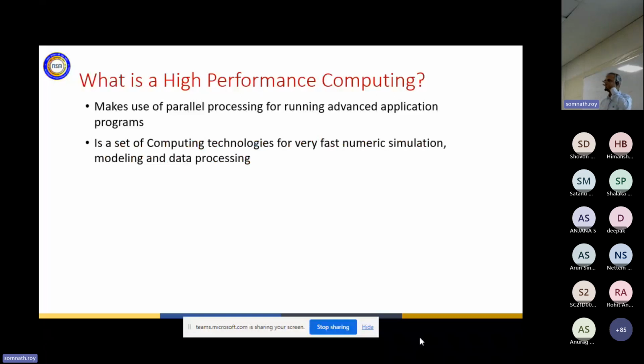So where does it find its primary use? It finds its primary use where a large amount of simulation, modeling, or data, or a lot of mathematics is involved. If you have such kinds of problems, then use HPC because it is tuned for that. We said that its power is measured in the floating point operations it can do, so it is good at doing a large number of floating point operations very quickly.